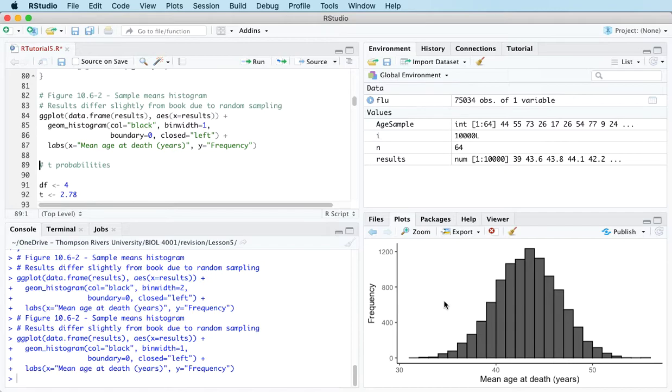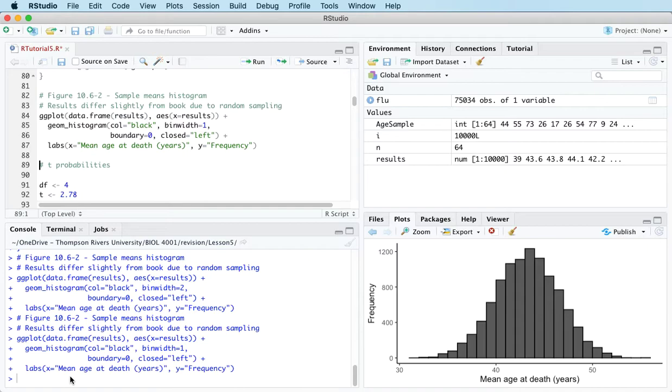So in particular, if we think about where the mean is here, we can see it's kind of right around here. So what is that, like 40? It's not quite 45. It's maybe not quite 44 either. It's maybe 43 point something. Okay, somewhere around there.